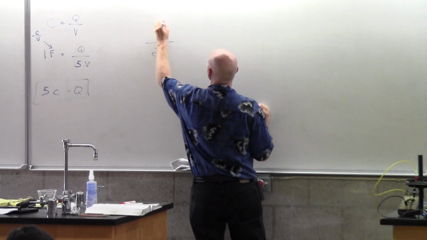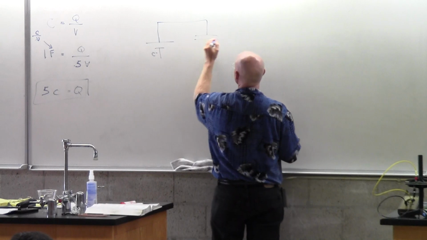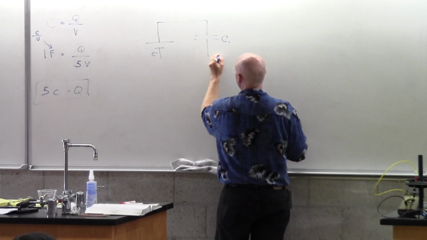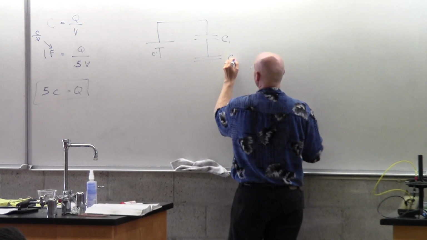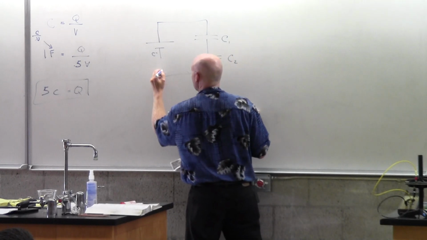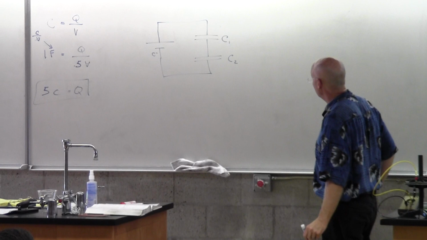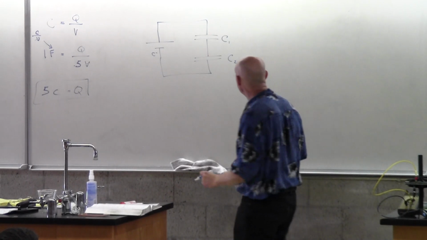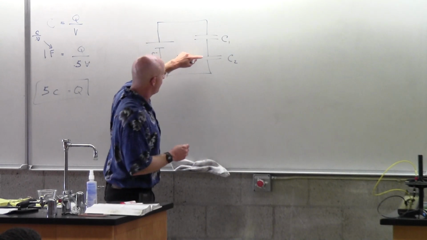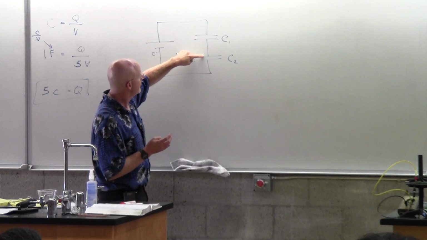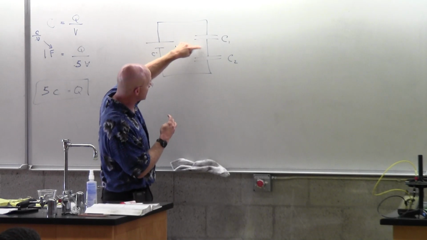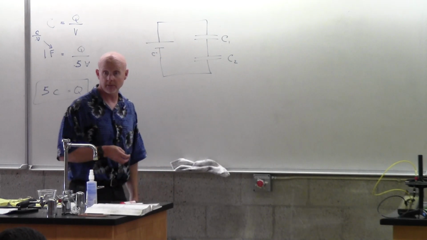What if instead I hook the capacitors this way, which is trying to say this metal plate from number 1 is connected to a metal plate on number 2.